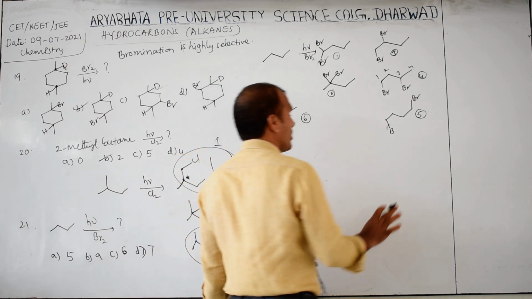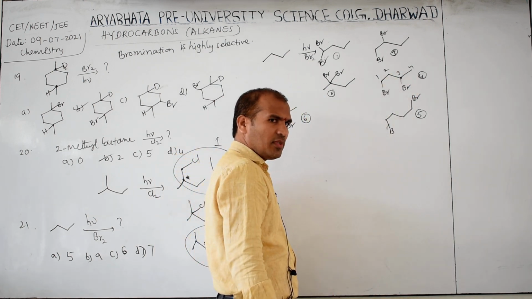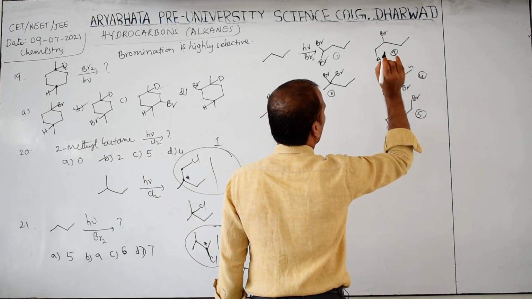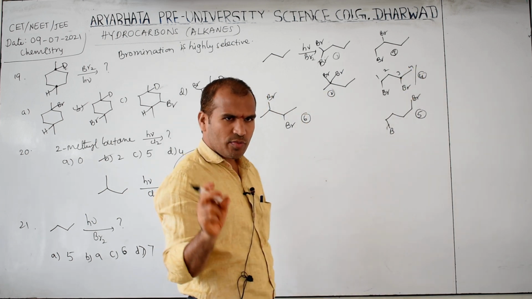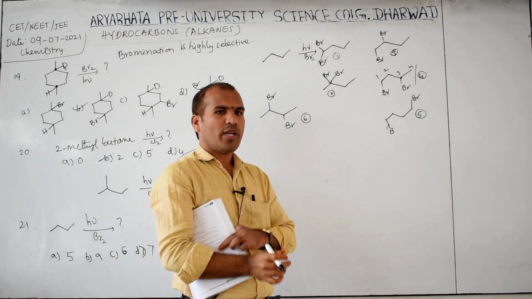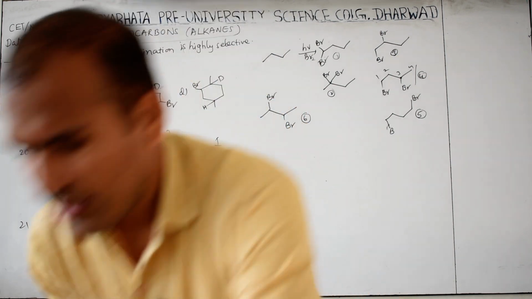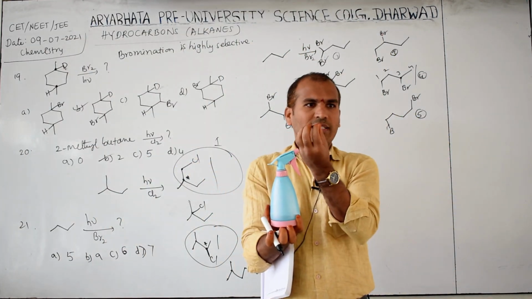Another possibility: this is which one? Chiral carbon. And its mirror image is also possible, but whatever enantiomer pairs there are, they come in one fraction only. Consider a distillation flask like this. On heating, it becomes vapor.